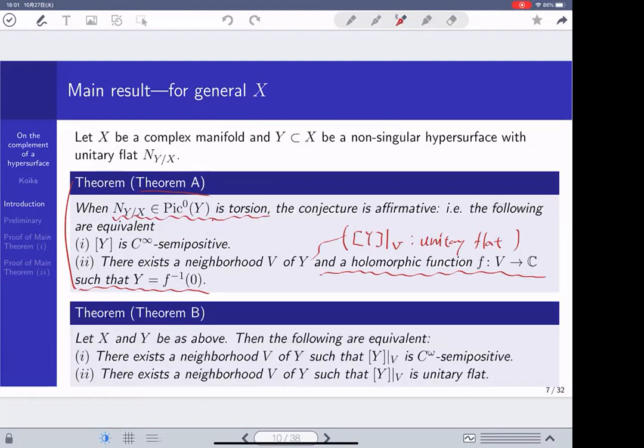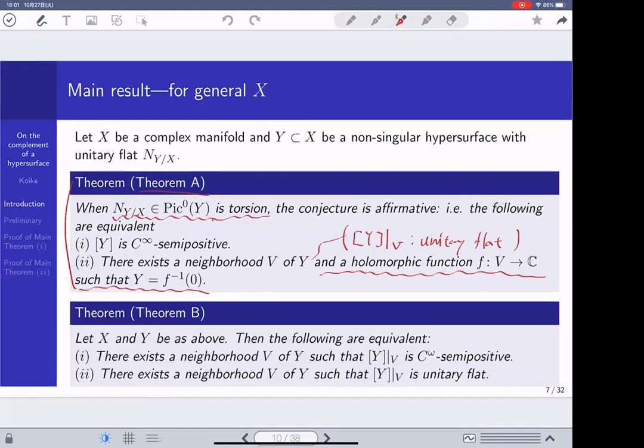So it states something on neighborhoods, very local things along Y, but it is a kind of statement which gives the relation between semipositivity and semi-ampleness, because condition 2 is quite similar to the semi-ample assertion.